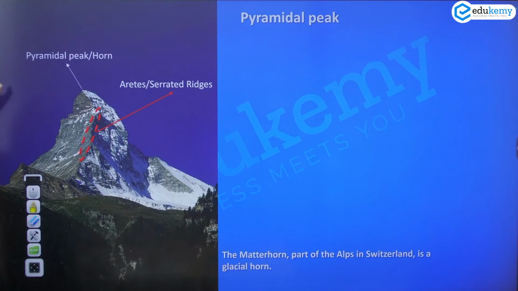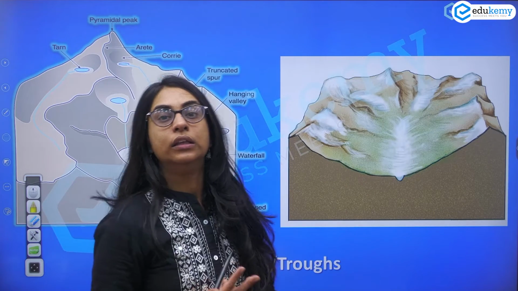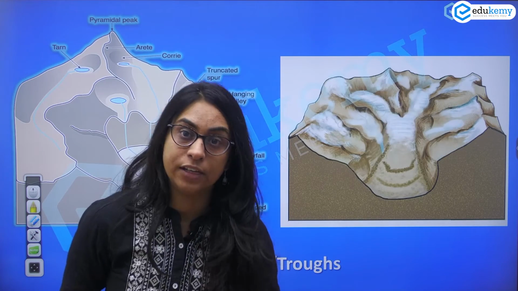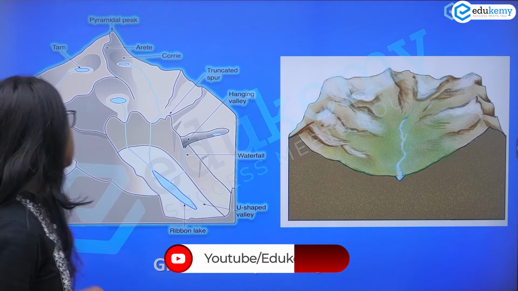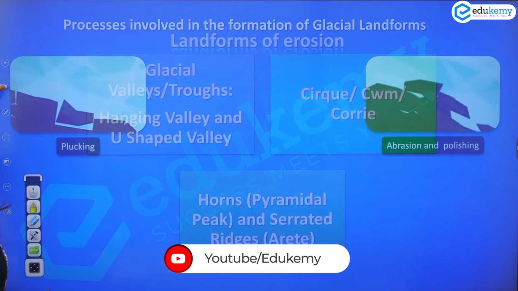Moving on, understand the other important erosional landform: valley. There are two types of valley, the U-shaped valley and the hanging valley. So what have we covered so far?